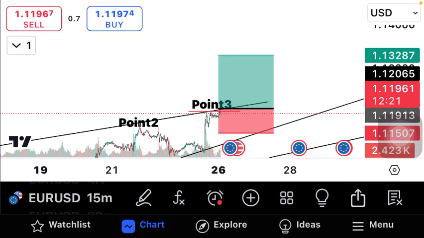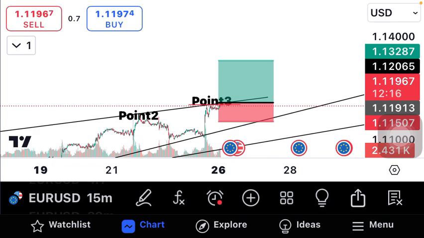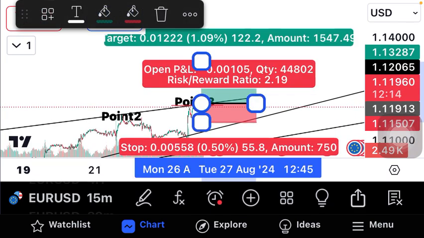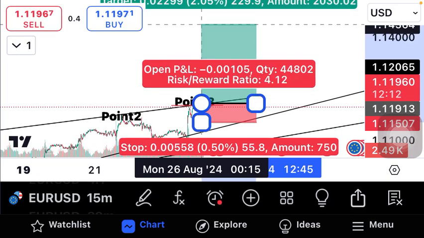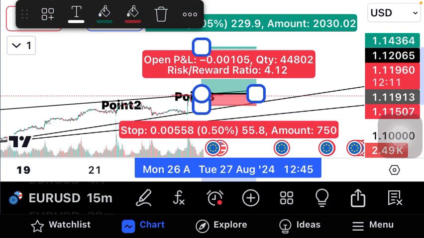Let's just get 1% and see. No, let's get 2%. That's a 1:2 risk to reward ratio. That's the setup right now.